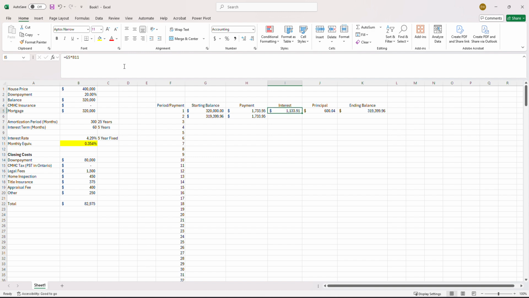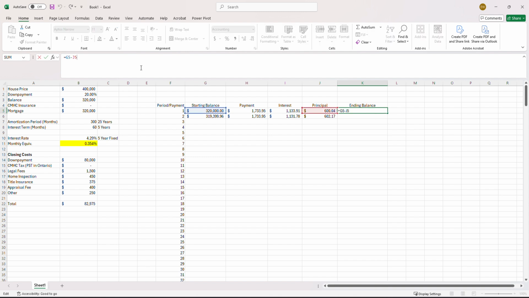Interest, however, is going to start to decrease a little bit. The amount of interest that you're paying is going to be a little bit less each month, and that's because you're making payments on your mortgage. So in the next month, for example, you're going to pay about $2.15 less in interest, and you're going to pay $2 and something cents more in principal. No matter what happens, the sum of these two, interest and principal, will be your payment amount, and your payment amount isn't changing.